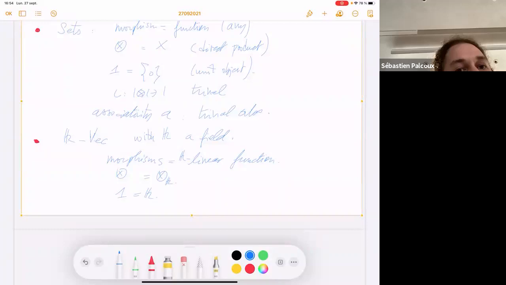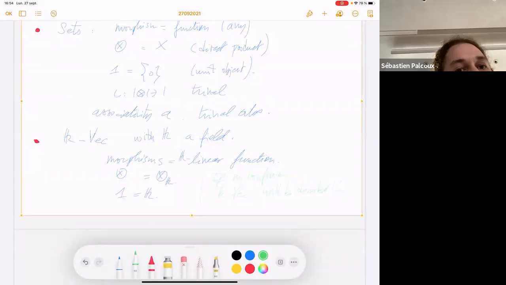And I want to note that if no confusion, K vec will be denoted vec.